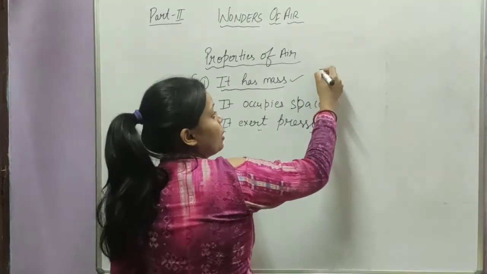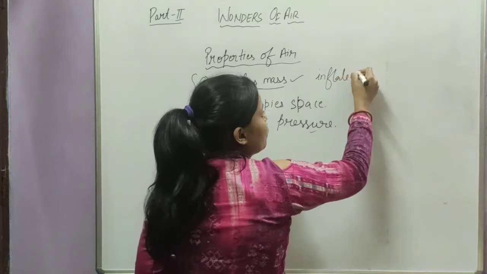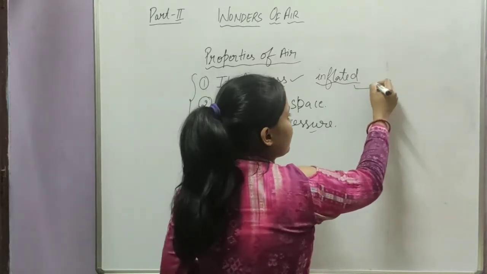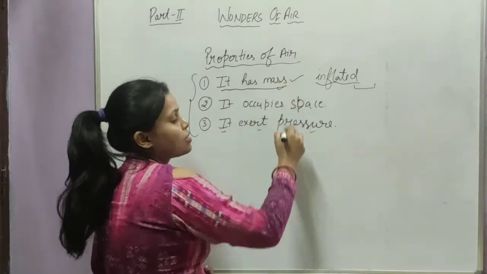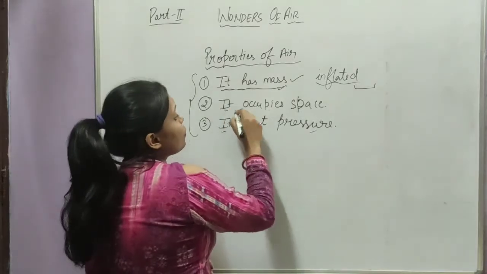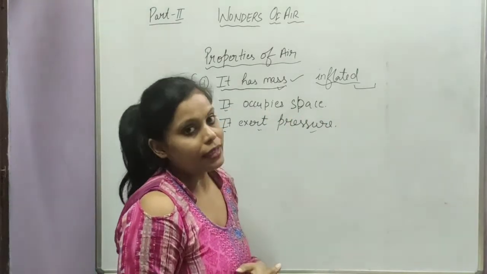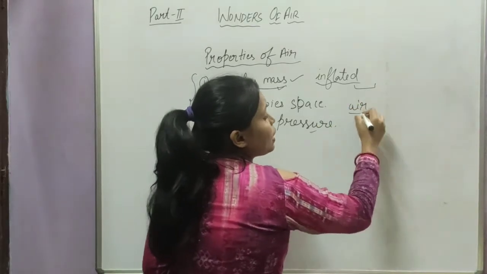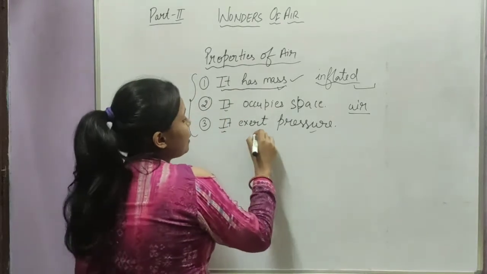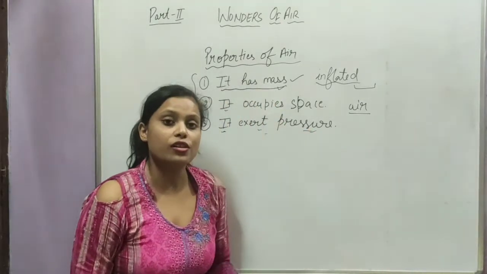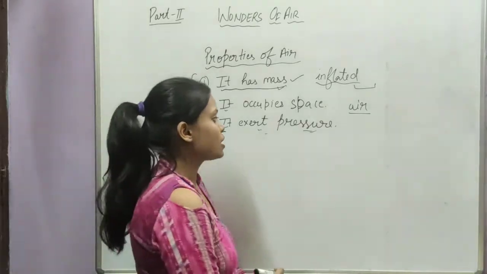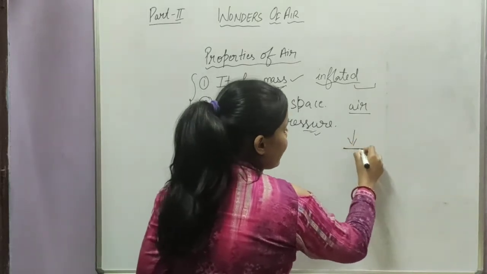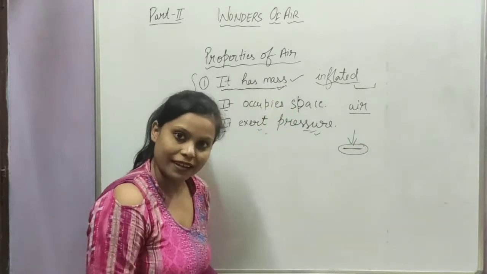The inflated balloon and the deflated balloon differ in weight because air has mass. Air occupies space, as shown by the activity when air bubbles come out of the glass. Air exerts pressure, which is also explained by the activity with the upside down glass where the cardboard was not falling, right?